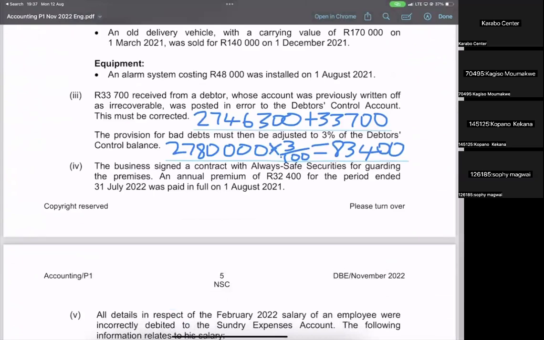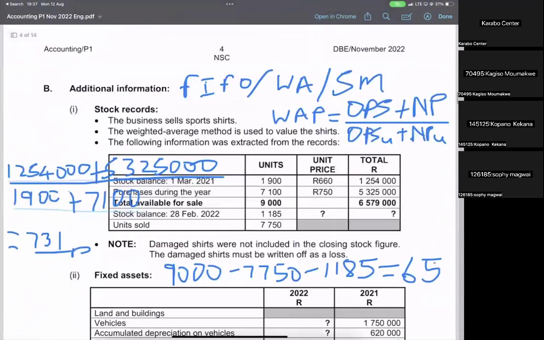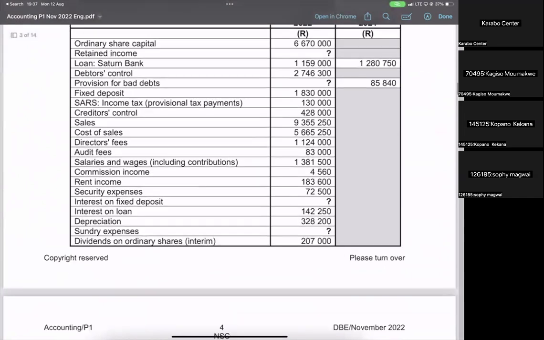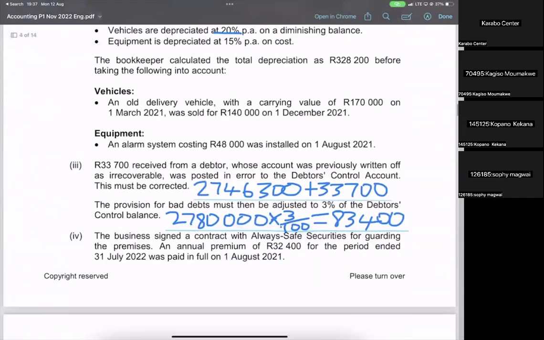And our provision for bad debts at the end of the year is 83,400. So what does it mean? It means that we provided more. We thought that in this financial year the people who are not going to be able to pay us would amount to 85,840, but after calculating, we found out that they amounted to 83,400.